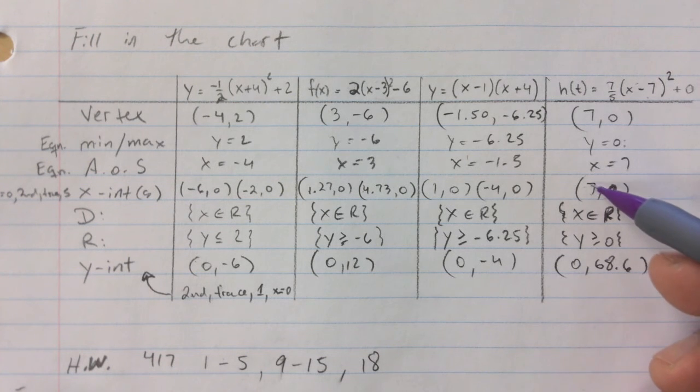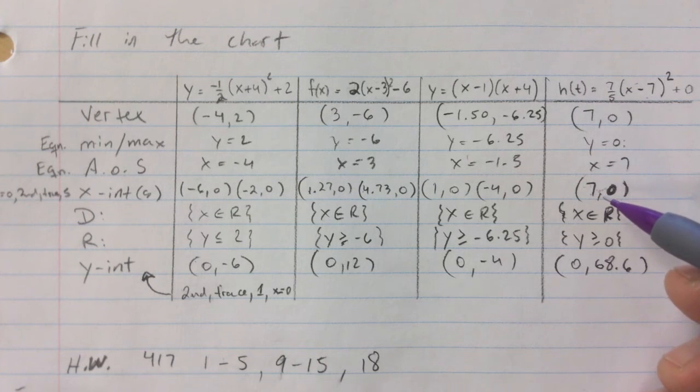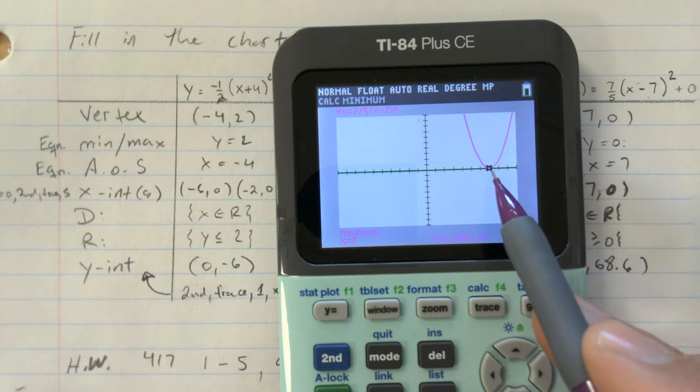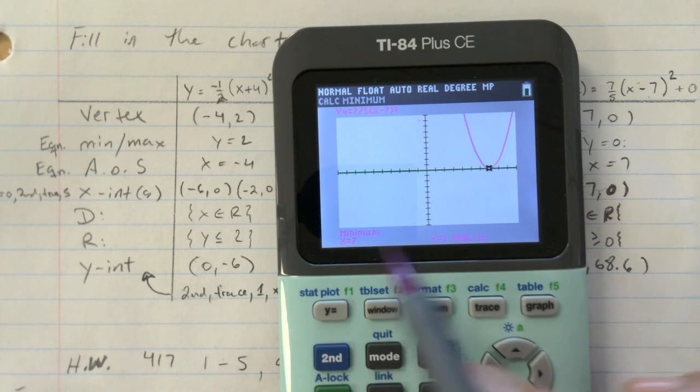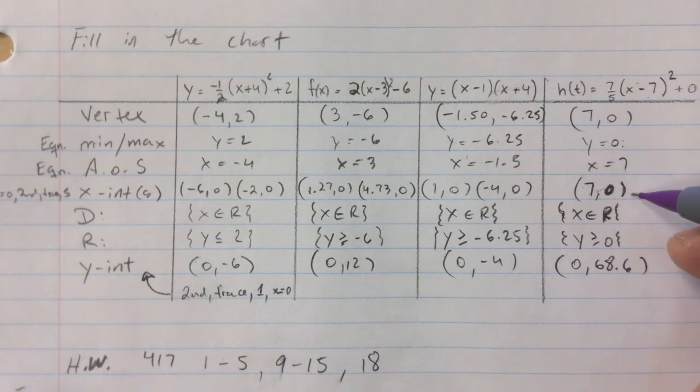I guarantee you that's not going to happen on a test. But it is actually 7-0, and you can tell that it's touching right there. So don't worry about that too much.